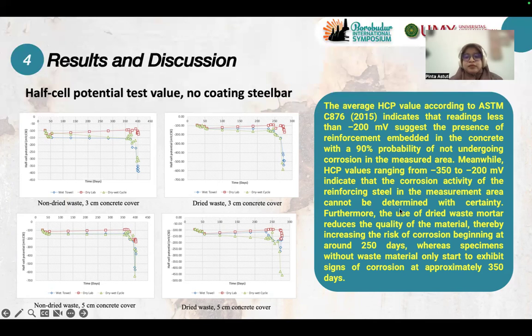Furthermore, the use of dried mortar waste reduces the quality of the material, thereby increasing the risk of corrosion beginning at around 250 days, whereas the specimen without waste material only starts to exhibit signs of corrosion at approximately 350 days.